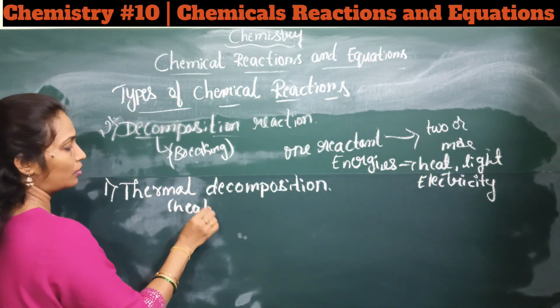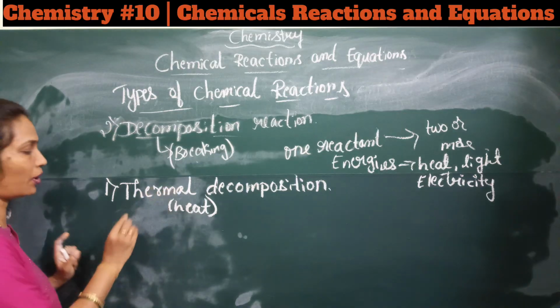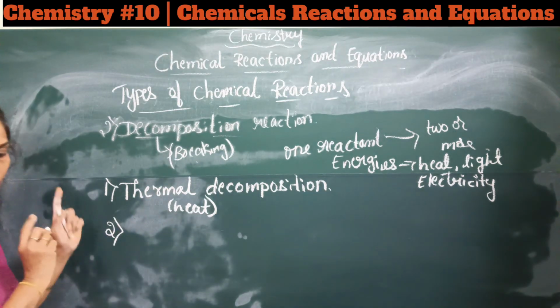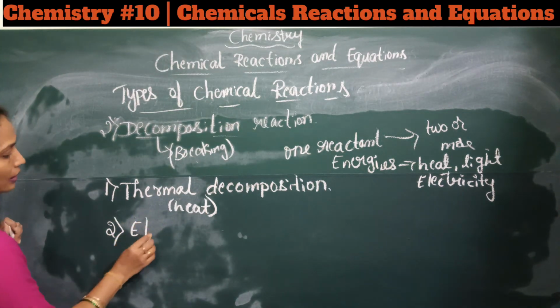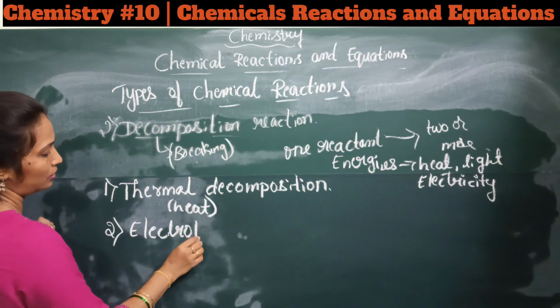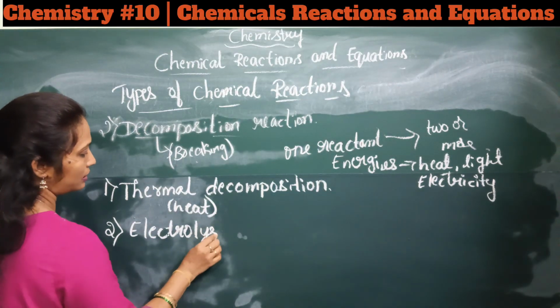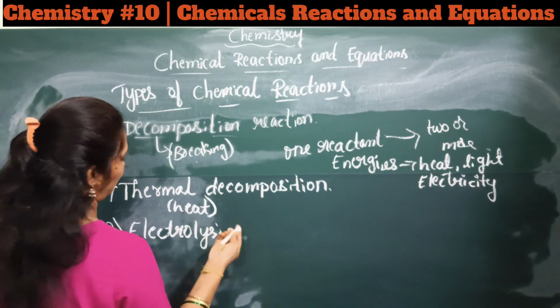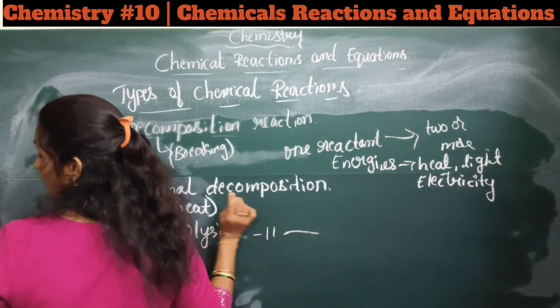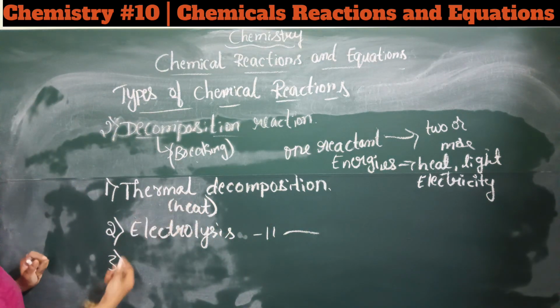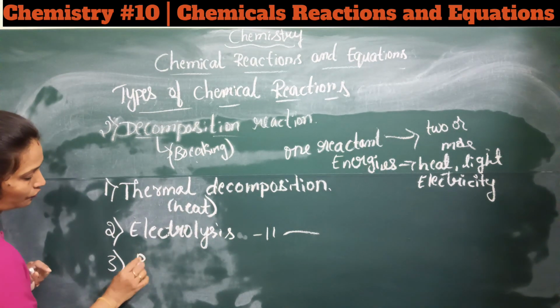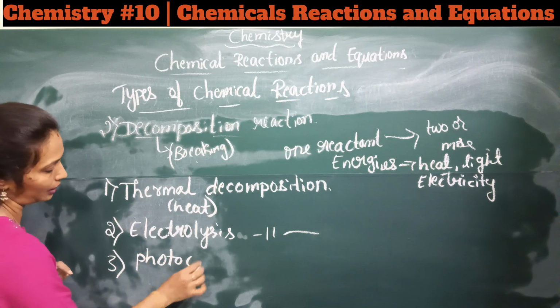So energy which is present in the form of heat. And the second one, electrolytic, this is electrolysis or electrolytic decomposition. And the third one is photochemical.